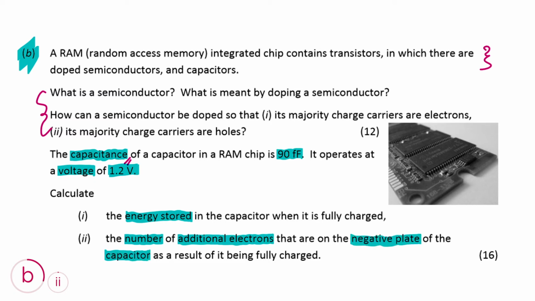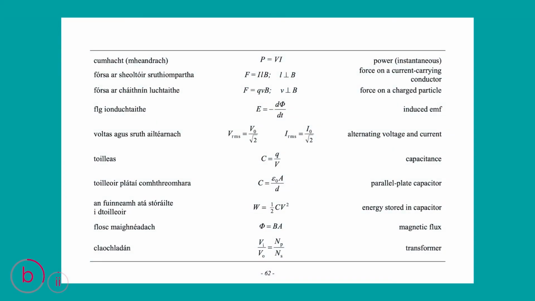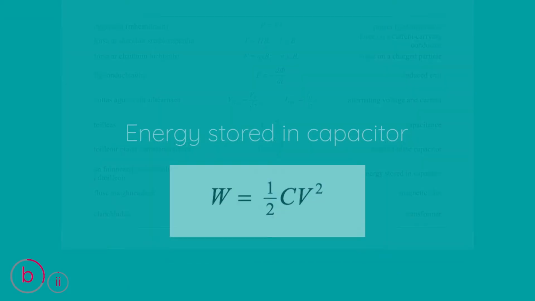So let's begin. Before we begin our calculations, I just want to draw your attention to page 62 of the Formula and Tables book, where we're going to be looking at the energy stored in a capacitor formula.